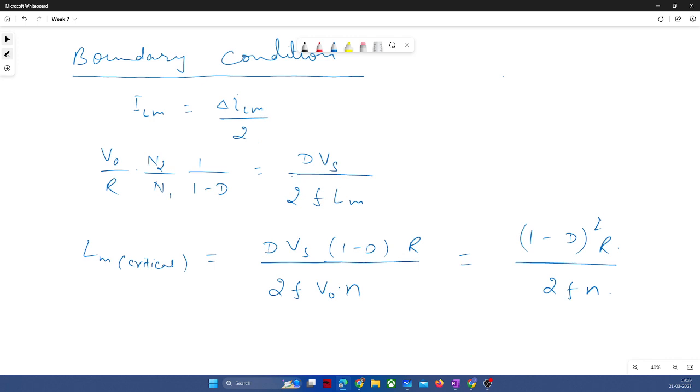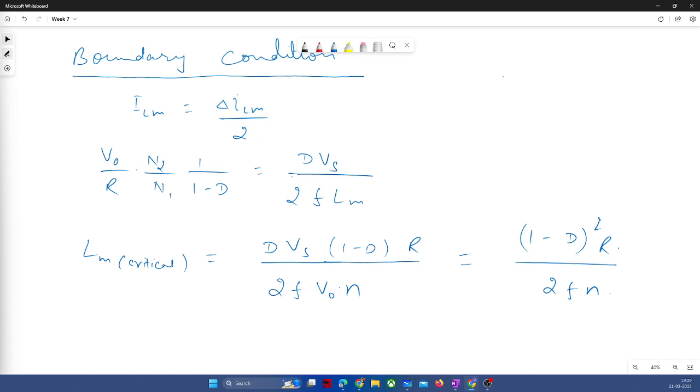Sir, this Lm critical is going to change as per the load? Lm critical will not change if D is fixed, R is fixed. But suppose the load is 100 ohms, next load it will be 50 ohms. Then for fixed D, fixed F, and fixed N, the whole thing will change.